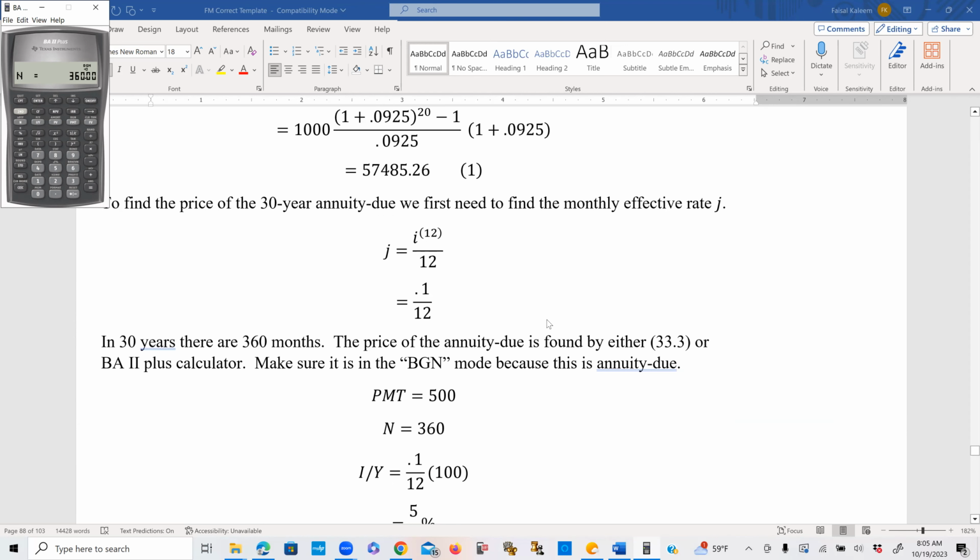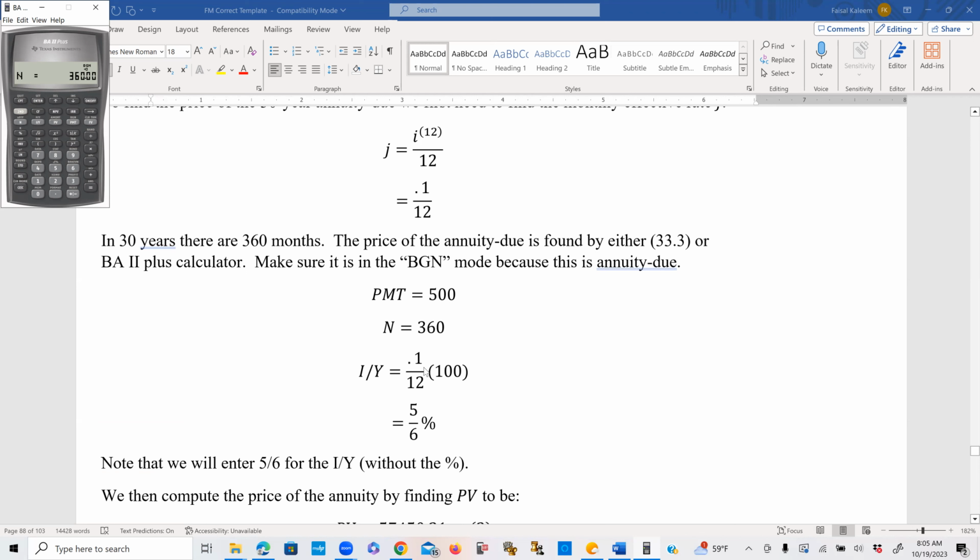And then the interest per year is 0.1 divided by 12. But remember that in the calculator, you need to enter the percentage of the interest. It's not the interest per year, it's the interest per month, but for calculator purposes, that's the I per Y. So we can't enter 0.1 divided by 12; we need to enter the percentage.